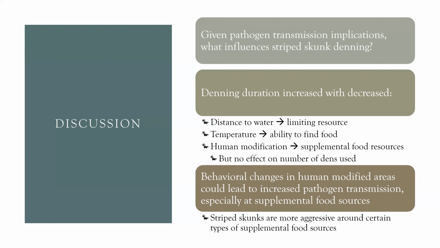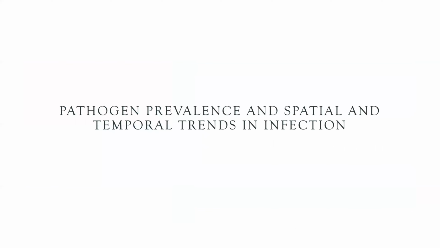And so if we have these striped skunks that are in this period of poor body condition and coming into contact with all of these different species, either directly or indirectly, and then they're becoming more aggressive, so maybe they're having more direct interactions as well, this really has a lot of pathogen transmission implications for what could be happening here in these urbanized areas.